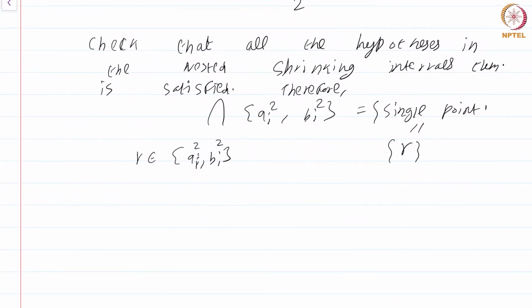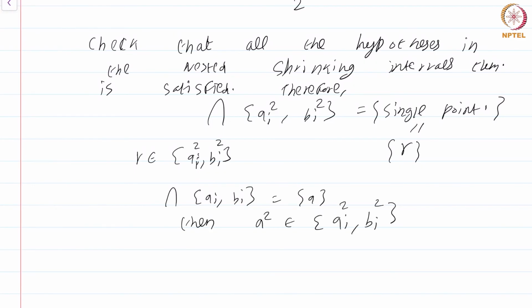That means if you look at the intersection of [ai, bi], which is going to be the single element a, then a² is there in [ai², bi²] for all i.